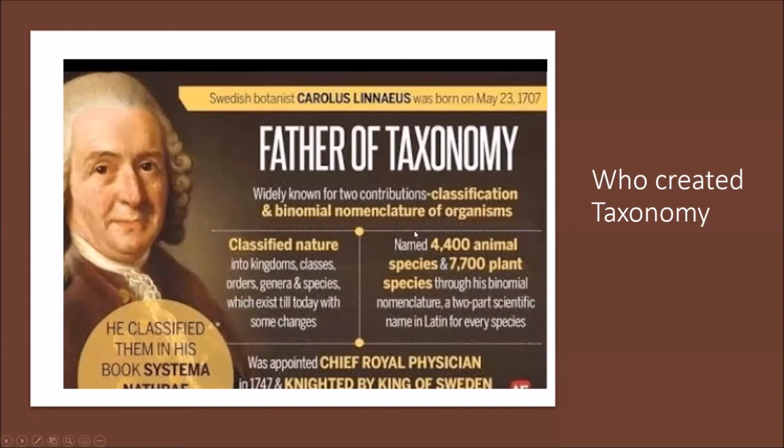So he basically gave a scientific name to all these different organisms, and he created the kingdoms, the class, orders, the genus. He came up with this way of classifying these organisms.